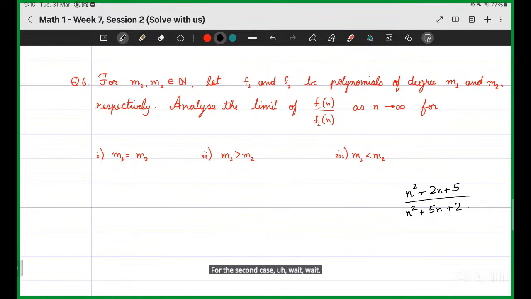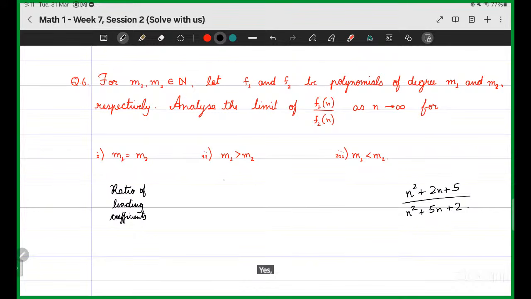If you have that, okay. So here you're saying ratio of leading coefficients. Yes, sir.